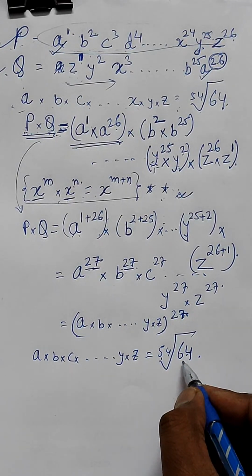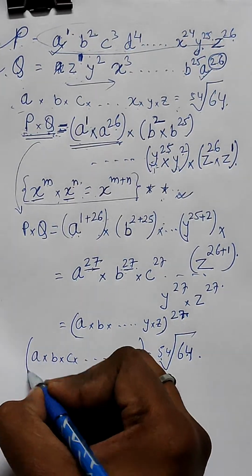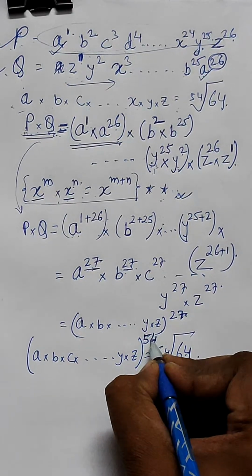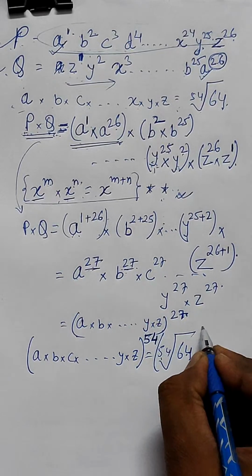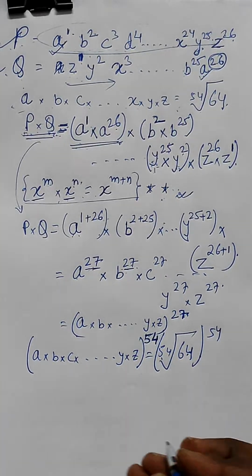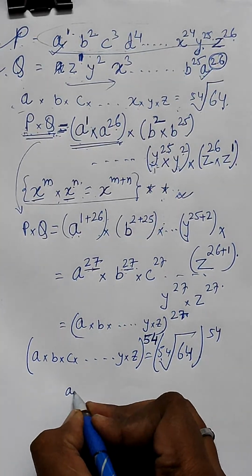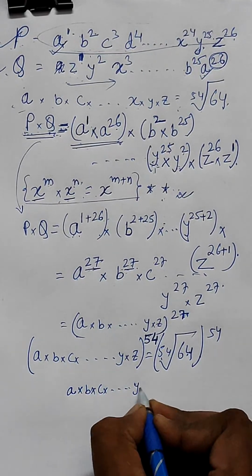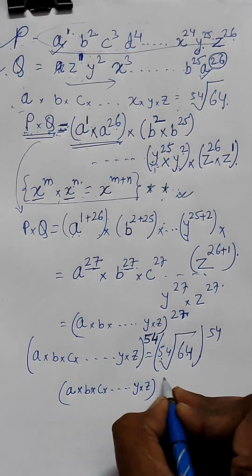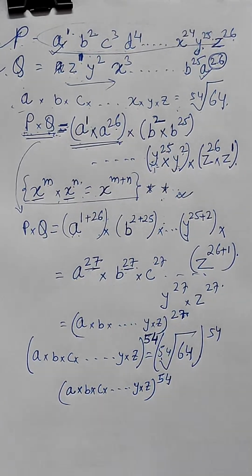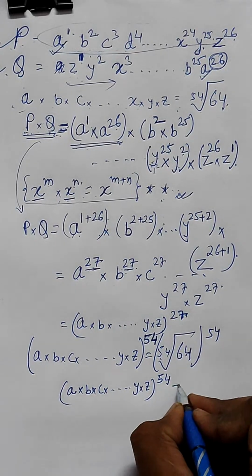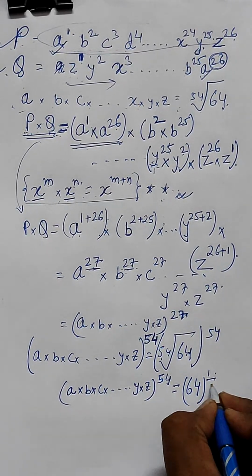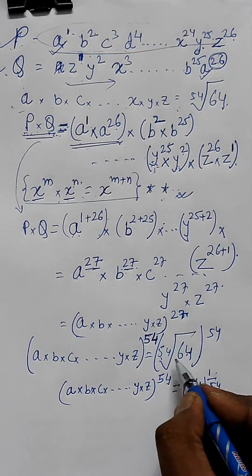So do one thing, just take the 54th power on both sides. Now what will we have? We will have a, b, c cross cross cross y cross z power 54 equal to 64 power 1 by 54, that is your 54th root.